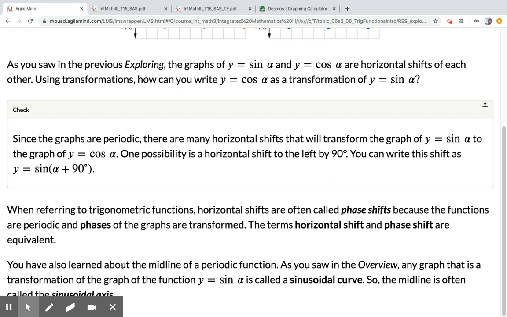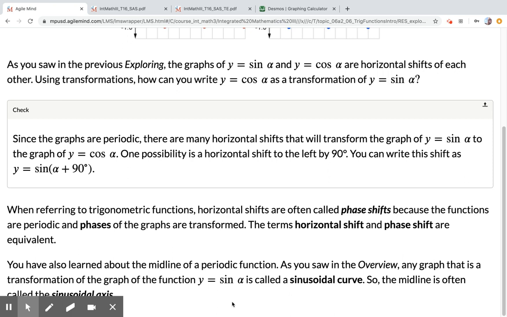One other little thing you need to know: you remember we learned about the midline in one of our earlier lessons, the midline of our periodic function, how it was literally the line in the middle. You also saw that we refer to y equals sine alpha and y equals cosine alpha as sinusoidal curves.